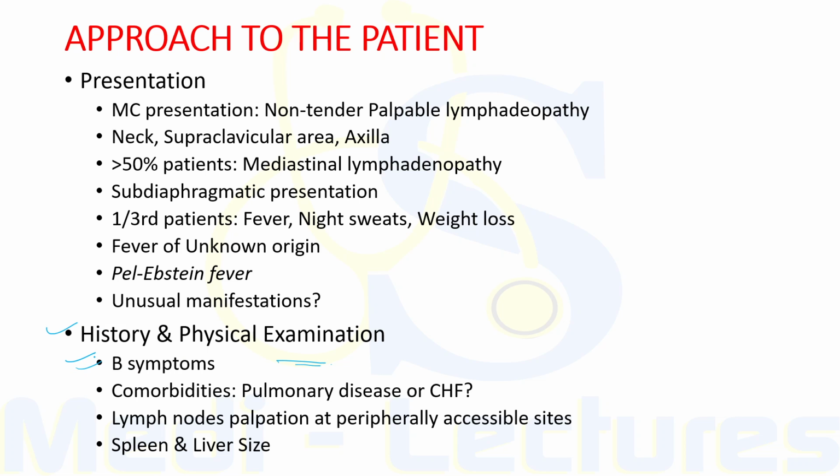Comorbidities that may impact therapy should be reviewed carefully, like pulmonary disease or presence of congestive heart failure, as the use of chemotherapy drugs can itself cause both lung as well as cardiac toxicity. Physical examination should pay attention to lymph node palpation at peripherally accessible sites as well as splenic and liver size.